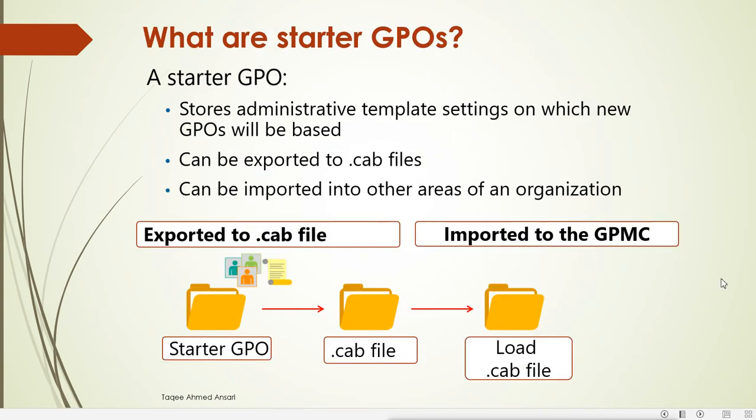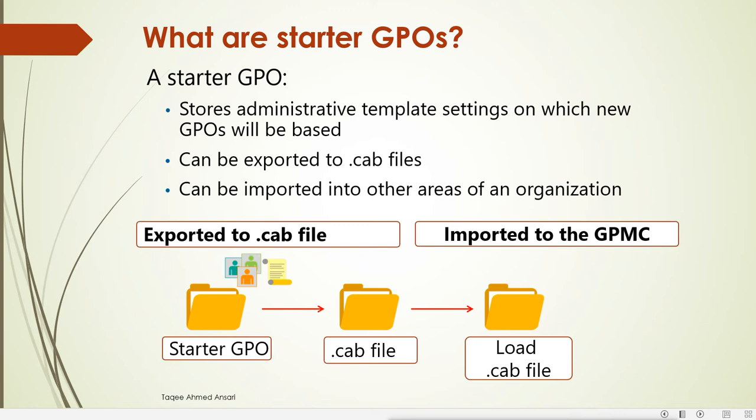Now when we try to create a policy, we will see one more thing, called starter GPOs. When we try to create policies, there are some starter GPOs already there, and we can also create our own or import starter GPOs.